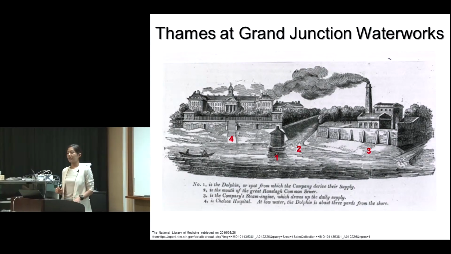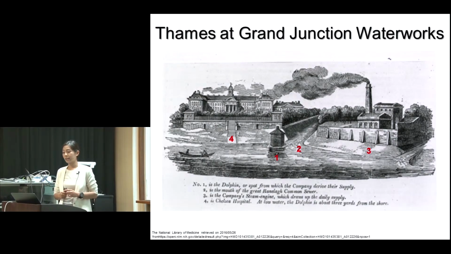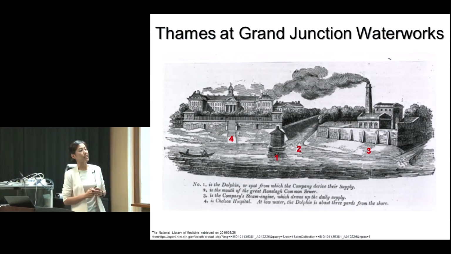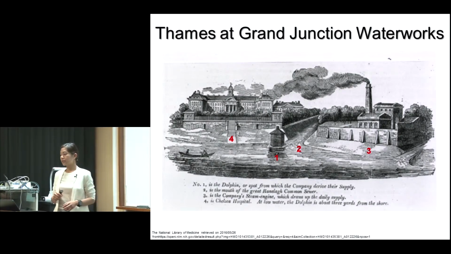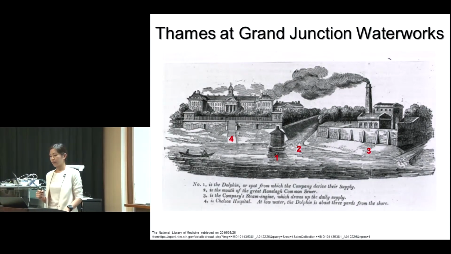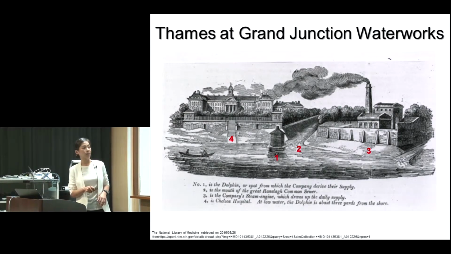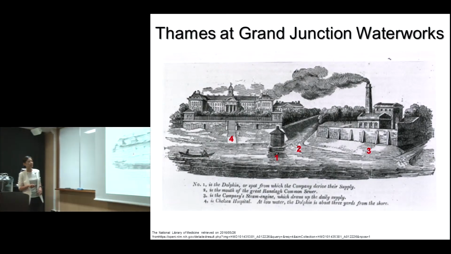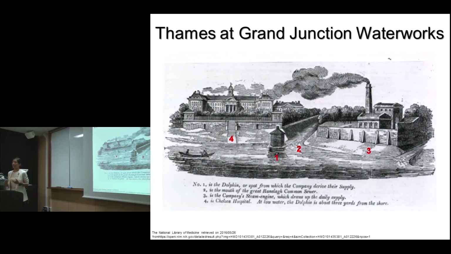So to demonstrate the quality of water in London during the 1800s, this is the drawing by a journalist called John Wright, and he named this drawing Dolphin by following the name of this outlet that was pumping water supply to London.